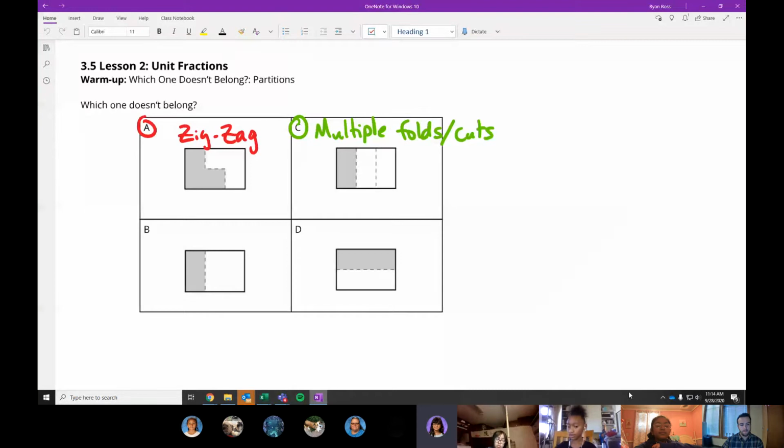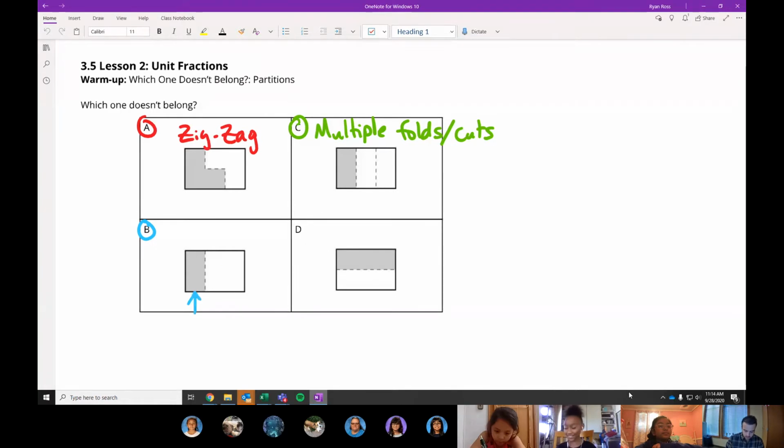I would say that B has longer. B is longer than D, and it can fit 3 lines. So there's another spot right there that they could cut. Yep. Yeah, that is very true.